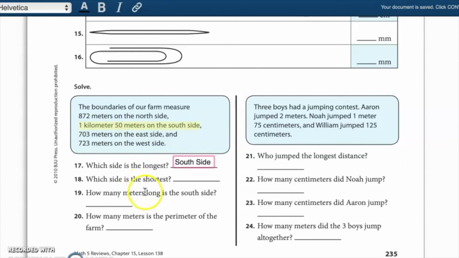Then number 19, how many meters long is the south side? This is simple too. All you need to do is just find the south side, and how long is it? 1 kilometer and 50 meters. Oh, then Miss Kang, how do I write this in numbers? Do I write down 1 kilometer and 50 meter?